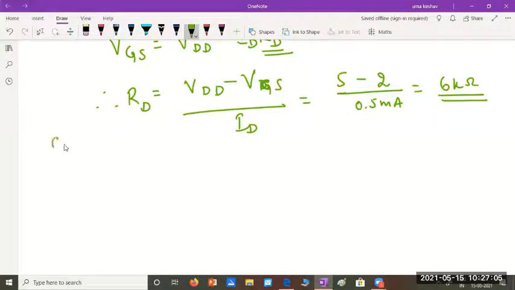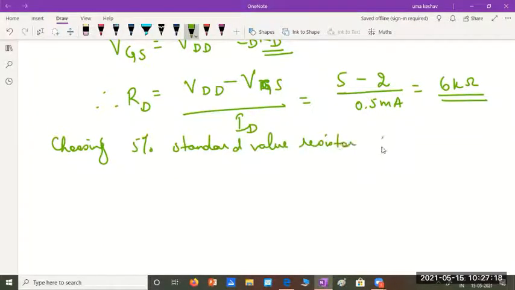So choosing 5% standard value resistors, RD will be approximately 6.2K. So the standard value which is close to 6K that is available is 6.2K.